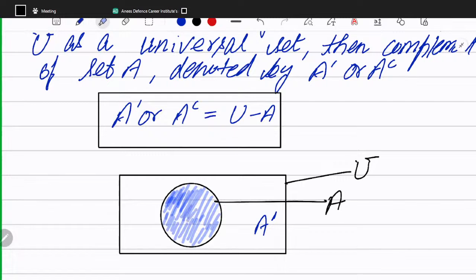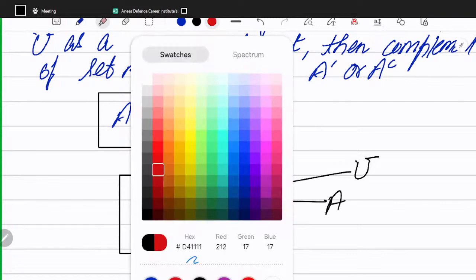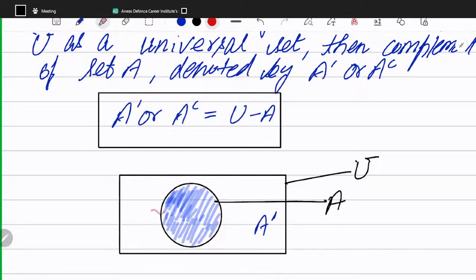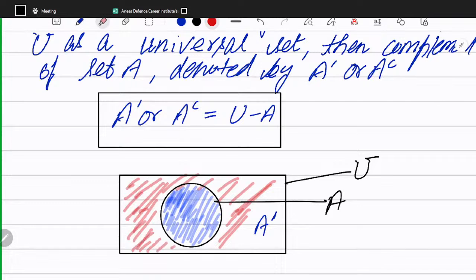This is the set A, then the outside, these are A dash.